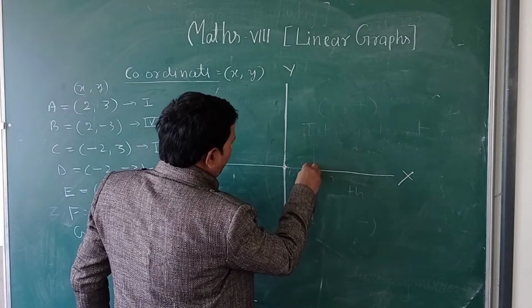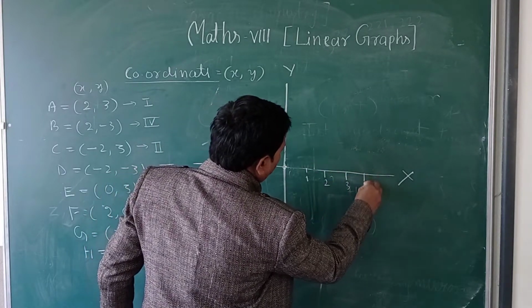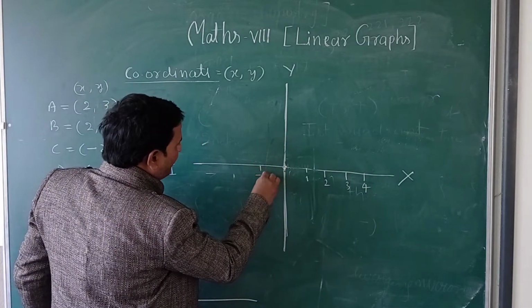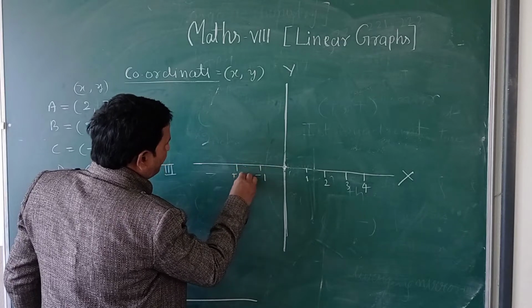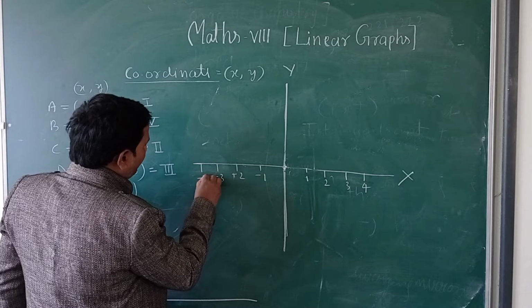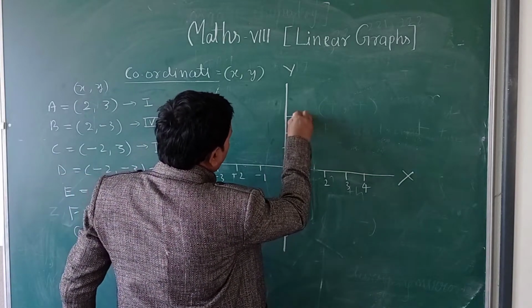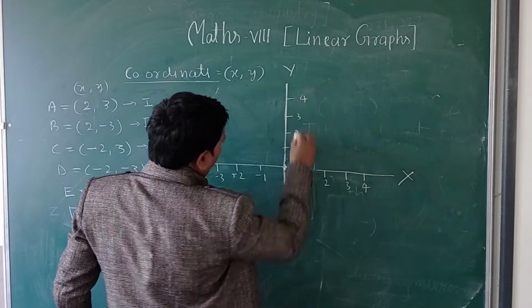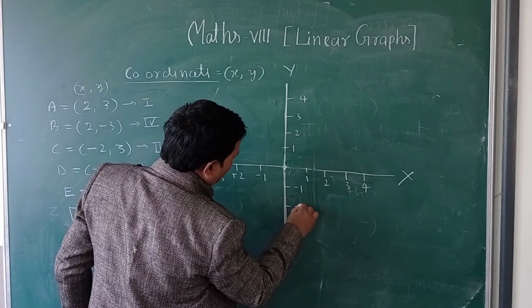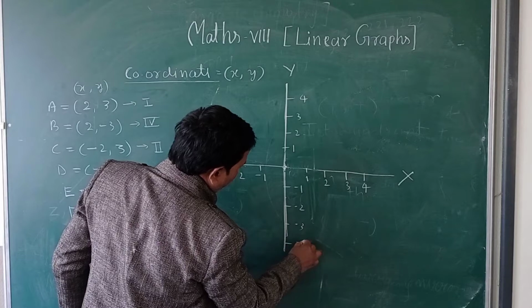Suppose this is 1, 2, 3, 4. Here this is 0, minus 1, minus 2, minus 3, minus 4, and 1, 2, 3, 4, minus 1, minus 2, minus 3, minus 4.